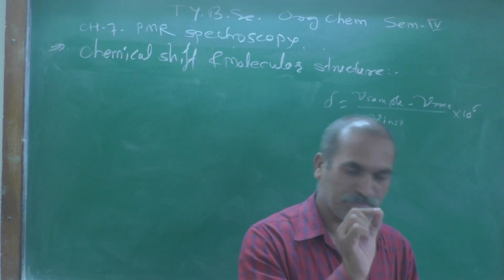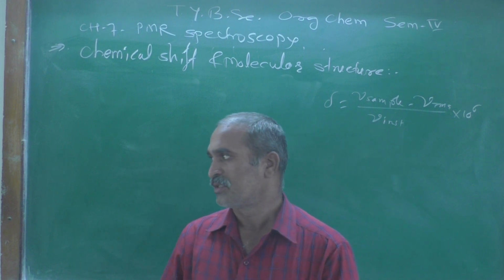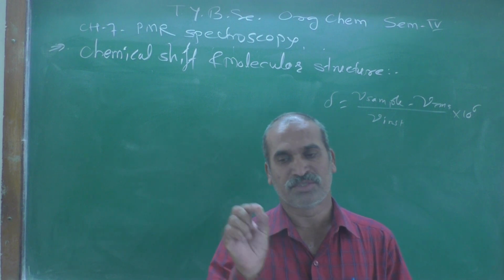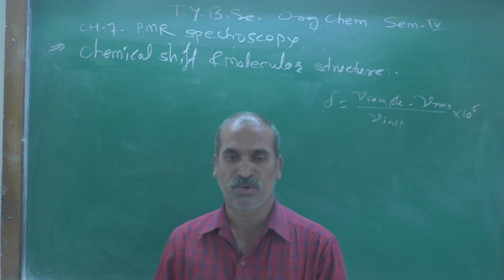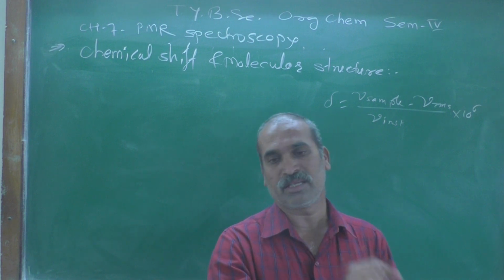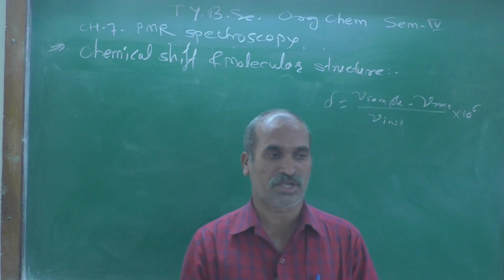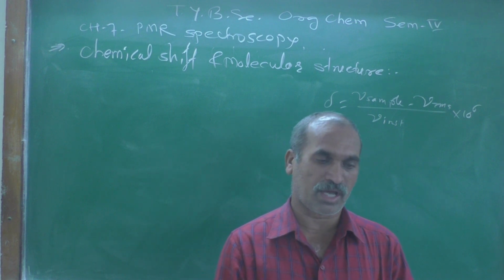Aromatic protons generally appear around 7.3, which is a characteristic delta value of the aromatic proton.